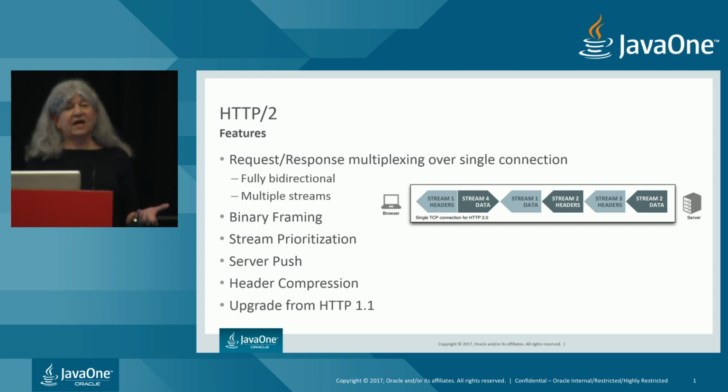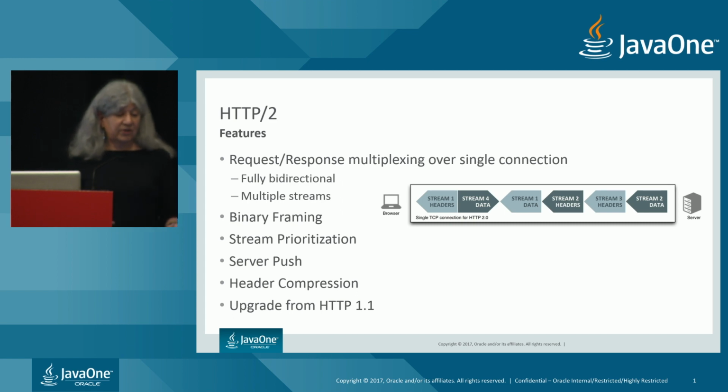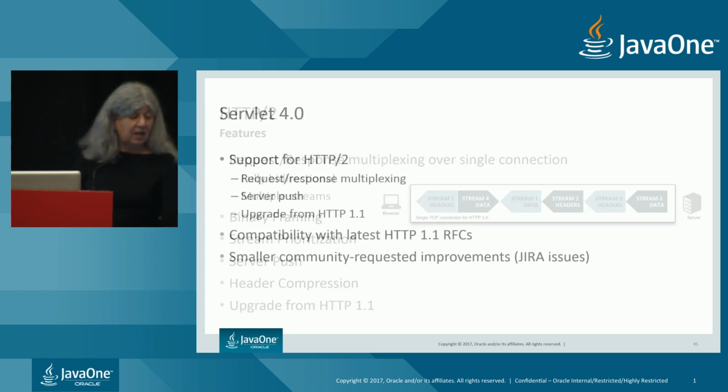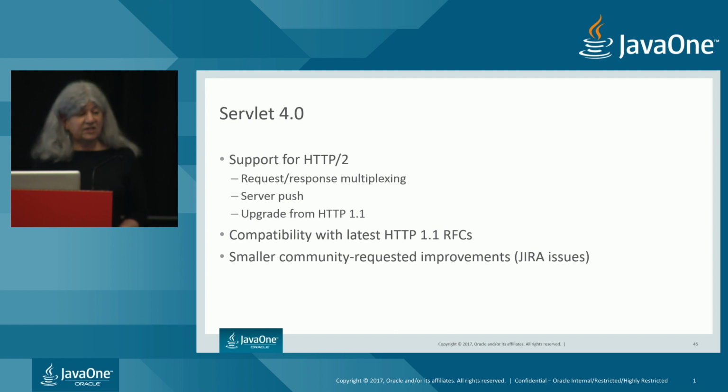You want to push that out, or you want to push out other needed information before other information. There's also facilities for header compression to, again, make this protocol more efficient. So this was the big ticket item for Servlet 4.0, support for HTTP 2.